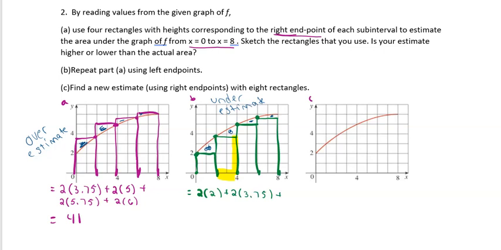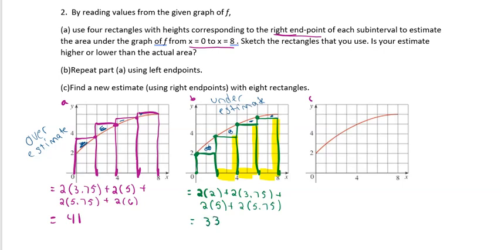For our third rectangle, we have a base of 2, and this time we have a height of 5. And for our last rectangle, we again have a base of 2, and this time it looks like 5.75 for our height. So if we type that all into our calculator, we're going to get 33.